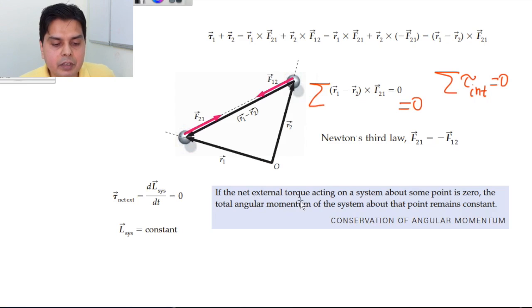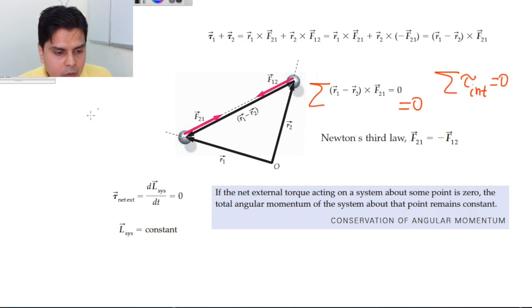That is, if the net external torque acting on a system about some point is 0, the total angular momentum of the system about that point remains constant, that is L system is equal to constant. So this is the conservation of angular momentum.